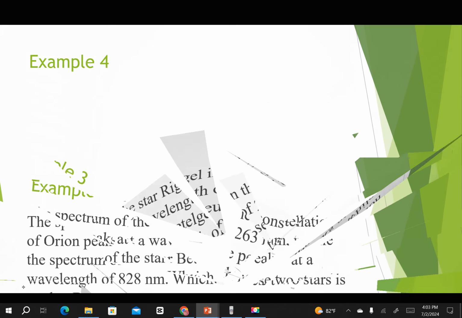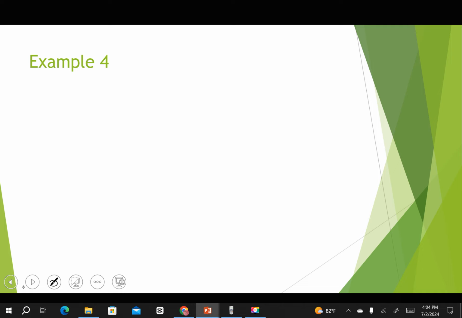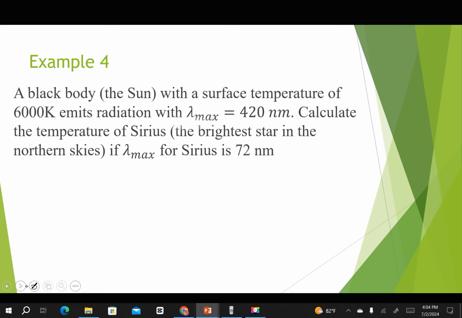Example number 4, if it exists. A black body, the Sun, with a surface temperature of 6,000 Kelvin, emits radiation with lambda max equaling 420 nanometers.